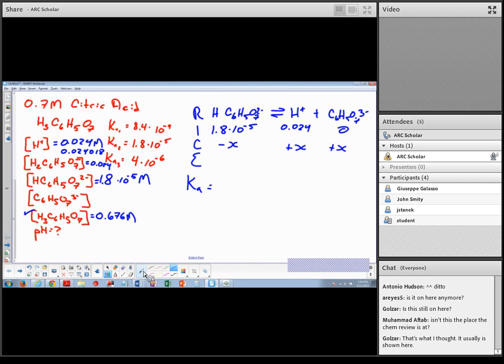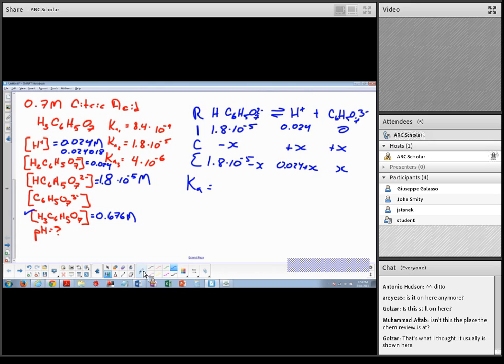All right, and again, we know how to do this. We got minus x, 0.024 plus x, x. Am I going to be able to ignore my minus x plus x? Yes. Okay.